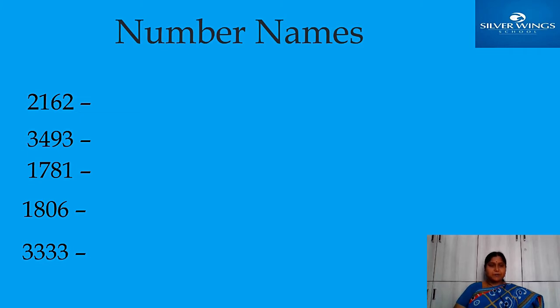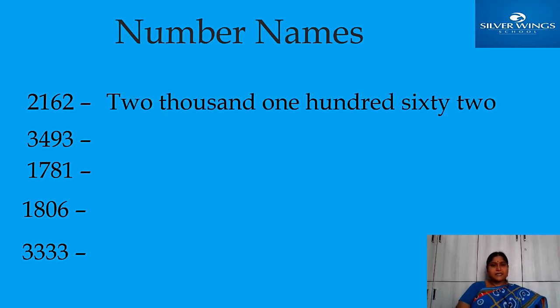Here you want to write number names, so you should write spellings. First of all, read the number. 2162. 2 is in thousands place, 1 is in hundreds place, 6 is in tens place. So here we write 62.